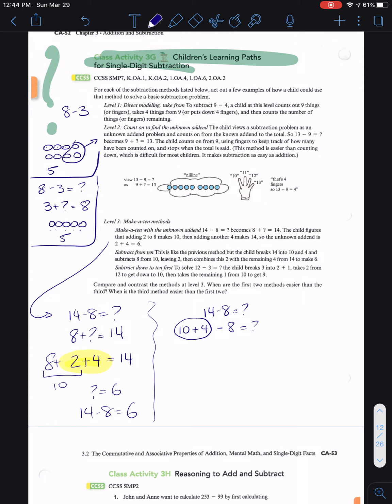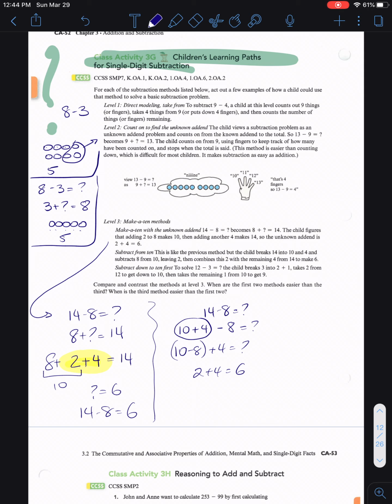So now we need to take 8 away from 10 and 4. Now, which pile is it easier to take 8 away from? Isn't it easier to take 8 away from 10? Couldn't we figure out 10 minus 8 plus 4? So 2 plus 4.